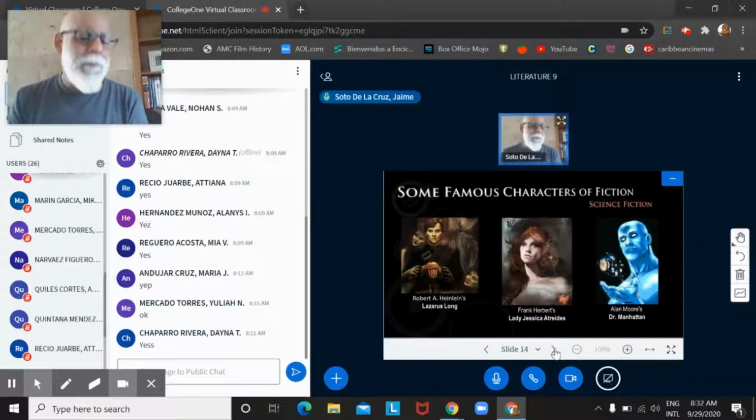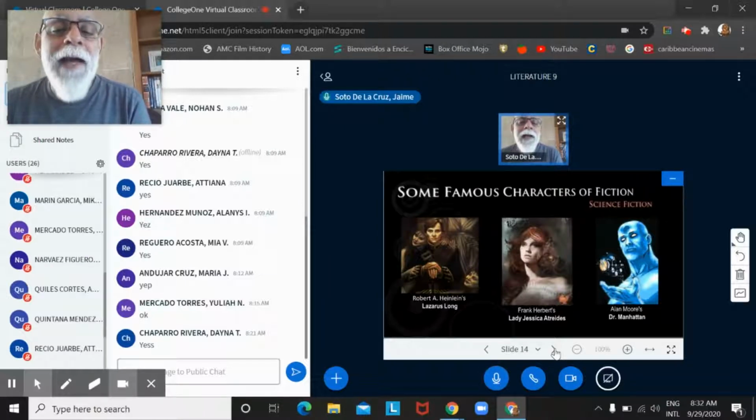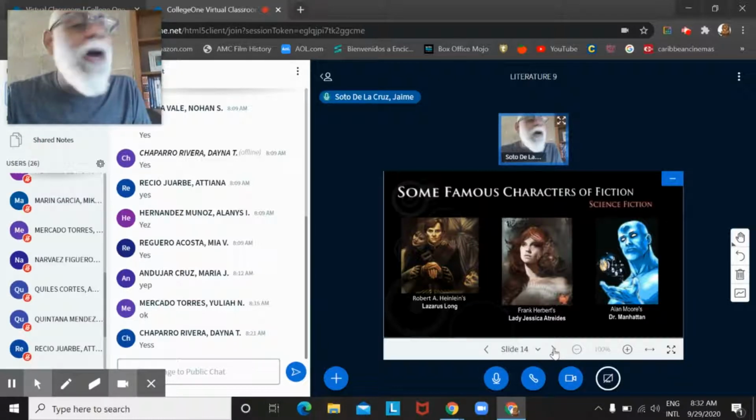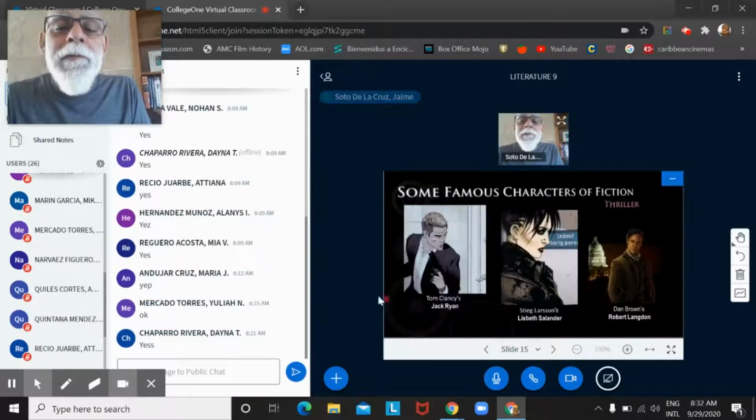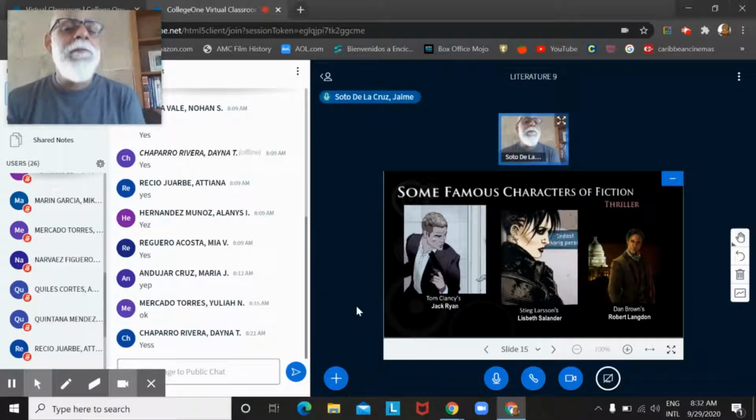In science fiction, famous characters include Robert Heinlein's Lazarus Long, Frank Herbert's Lady Jessica Atreides from Dune, the greatest science fiction novel ever made, and Alan Moore's Dr. Manhattan from Watchmen. In thriller fiction, you got Jack Ryan from Tom Clancy's series of novels on Jack Ryan.